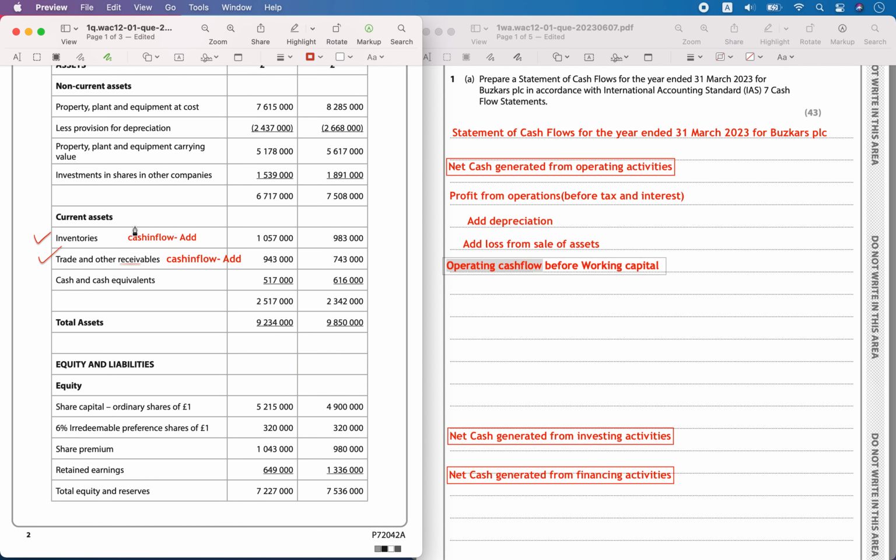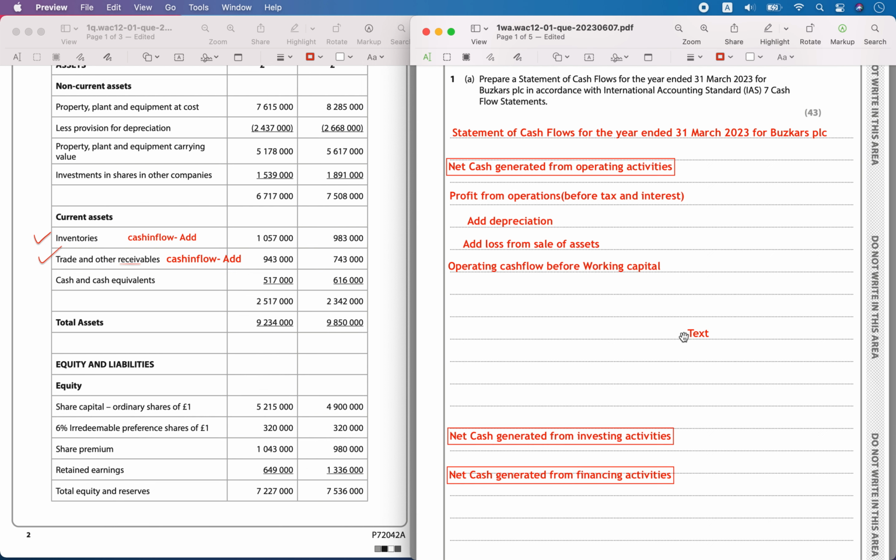So let's write the first working capital change, which is going to be inventory. Here we have to add any decrease in inventory that has happened. There is a decrease in inventory and I have written it there, add.